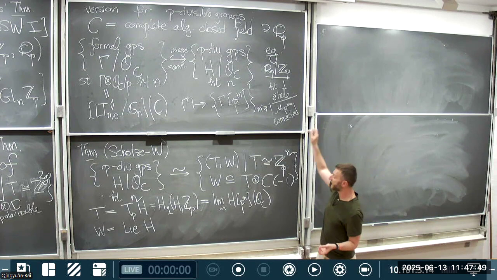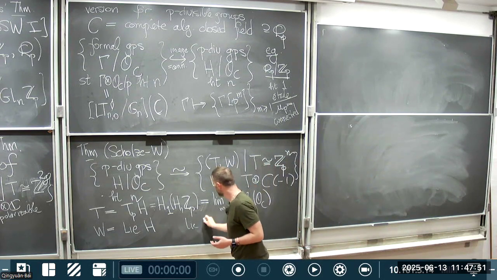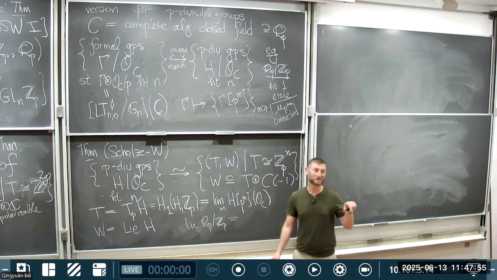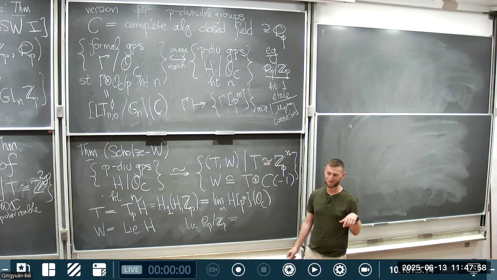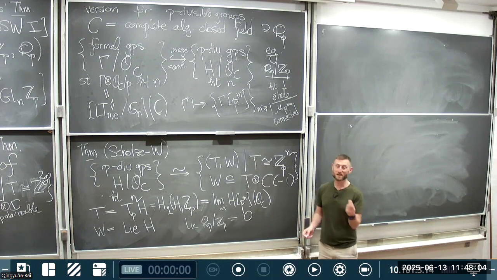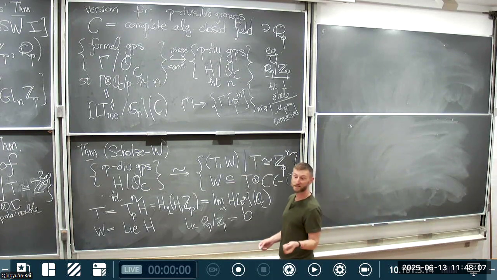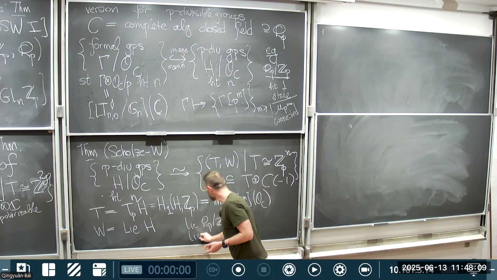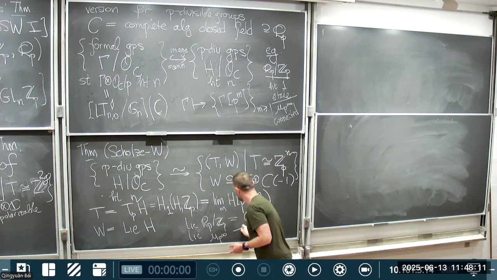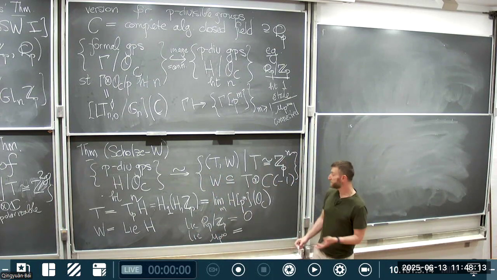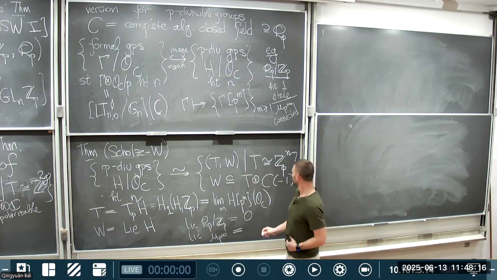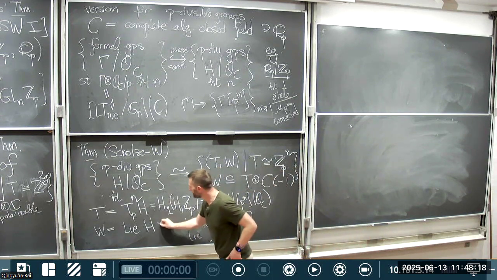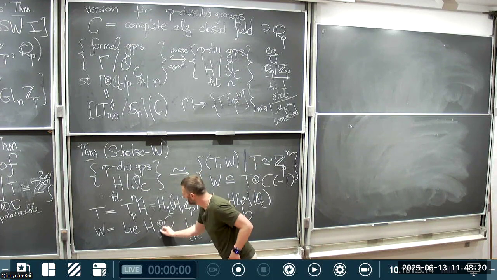So for instance, the Lie algebra of Q_p mod Z_p, the étale p-divisible group, who knows what it is? 0. It could be 0 because Q_p mod Z_p is discrete. There's nothing going on around the origin, or the origin is isolated. Whereas in the Lie algebra of mu_p infinity, well, oh, sorry, I guess this should be the Lie algebra tensor C.